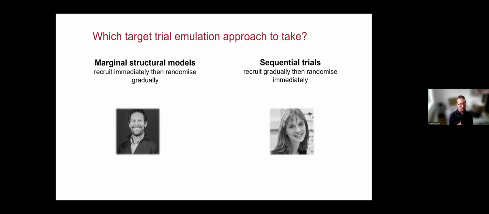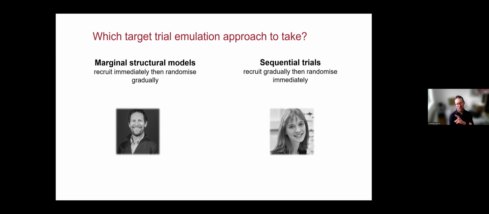So at the beginning, we were all interested in using appropriate methods to make causal inferences about vaccine effectiveness. And we started arguing about which trial emulation to take. And Fiz Williamson, as I'll say in a little while, ultimately was correct in that she said we should use a sequential approach.